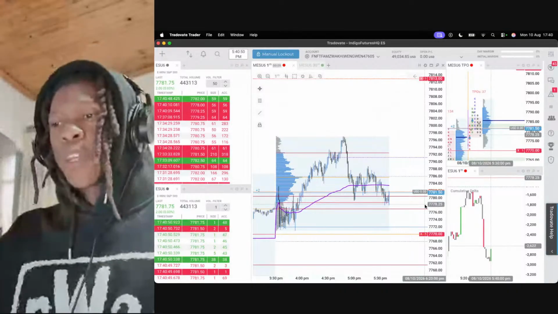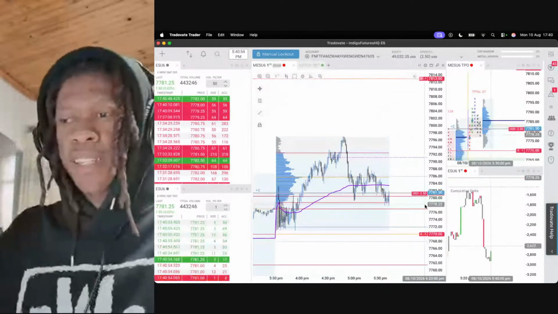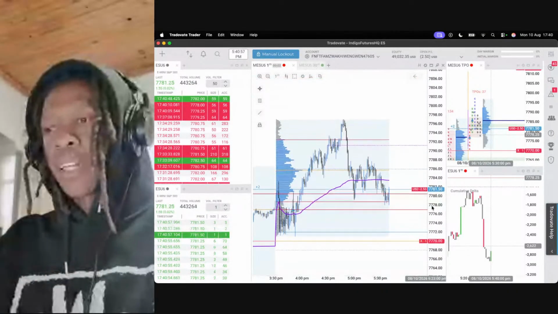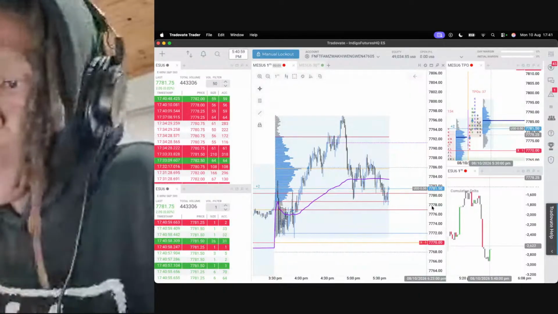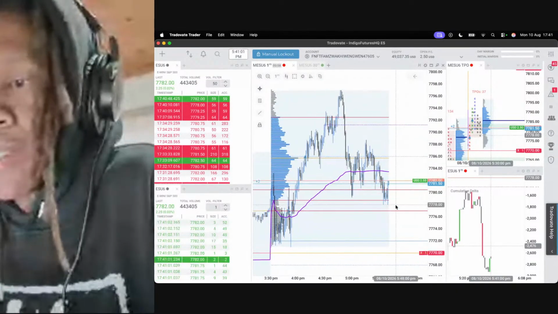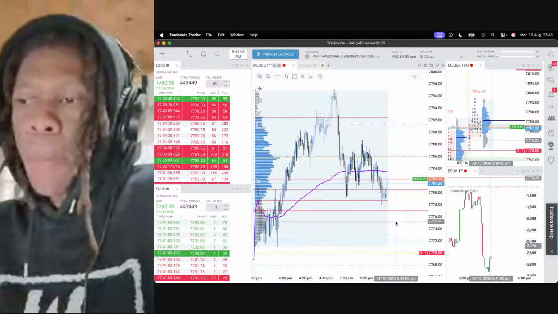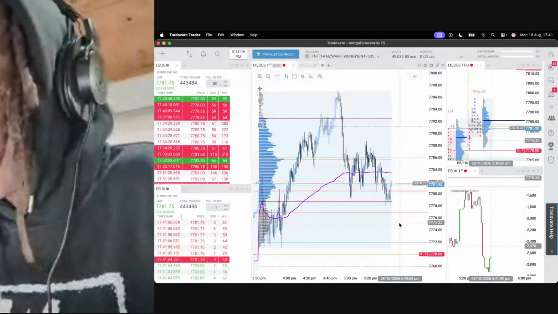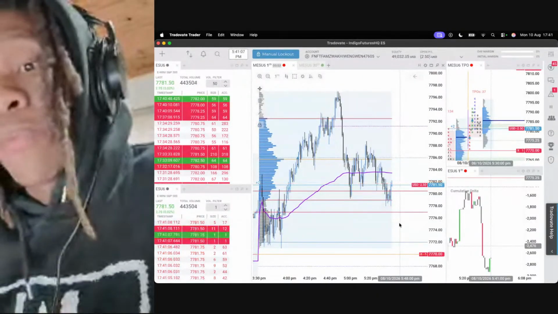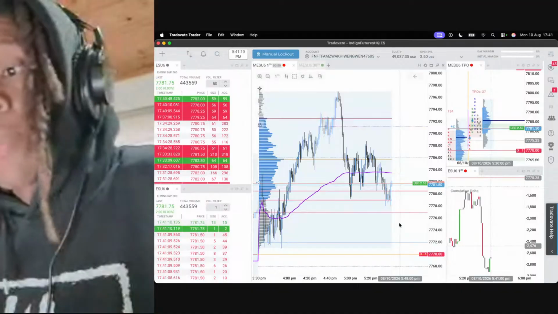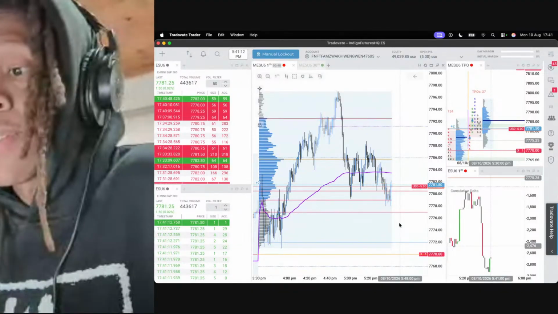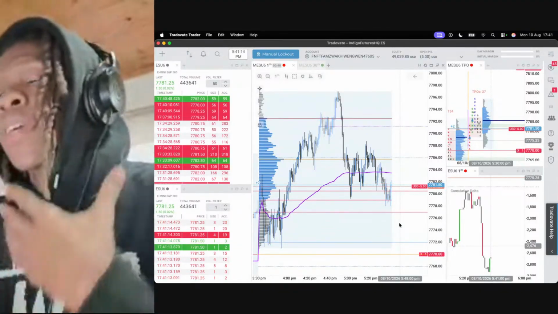Just because I spotted it doesn't mean that I'm gonna be good at it immediately. It doesn't mean that I'm gonna be good at it in 2 days. But over time, the more I look at the tape, the more I read the tape, the more I notice things on the tape, that's gonna compound.